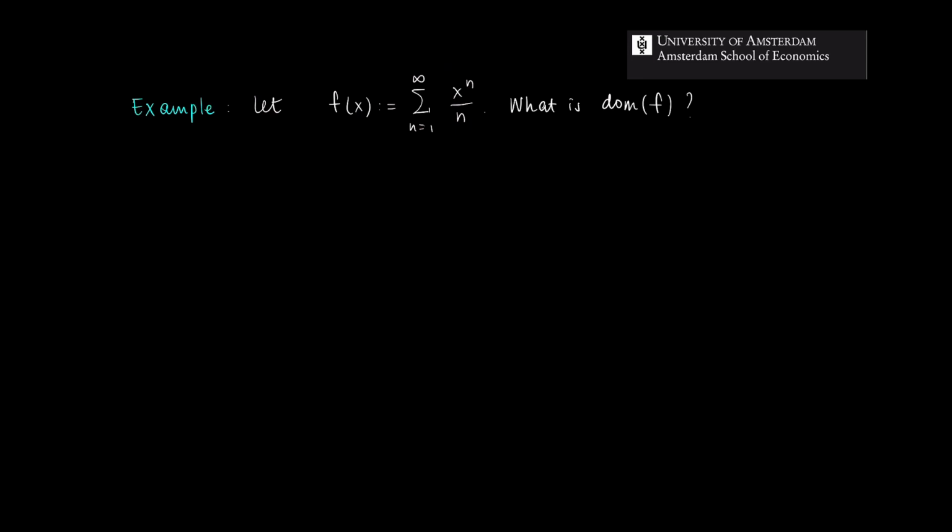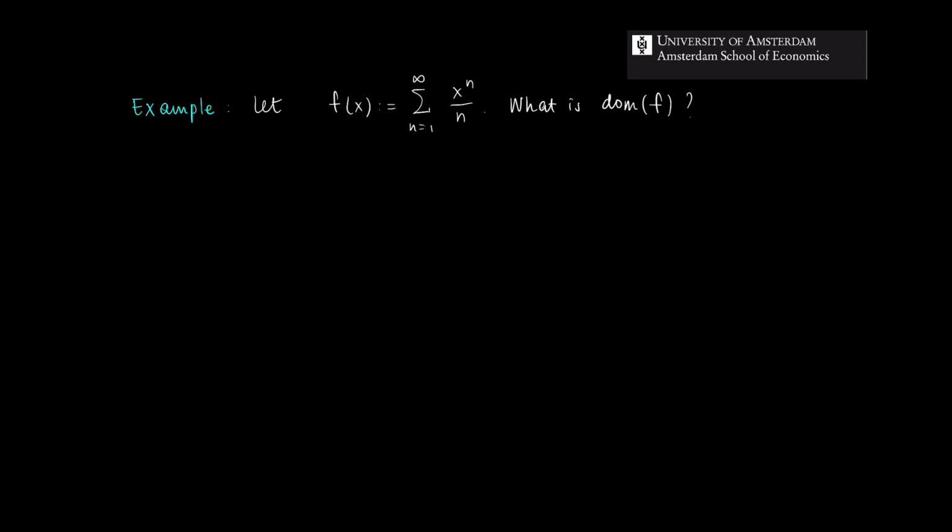For any x, we can define the sum of n equals 1 to infinity of x to the power n divided by n, but not always will this lead to convergence. So for what x's is this a justifiable formula?